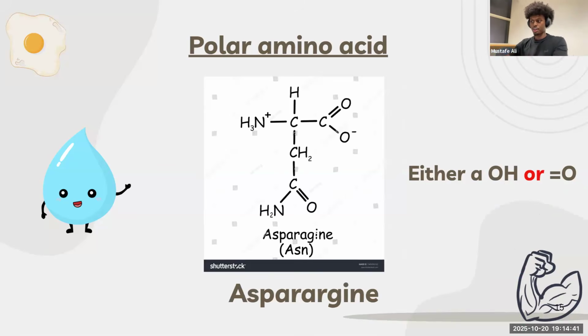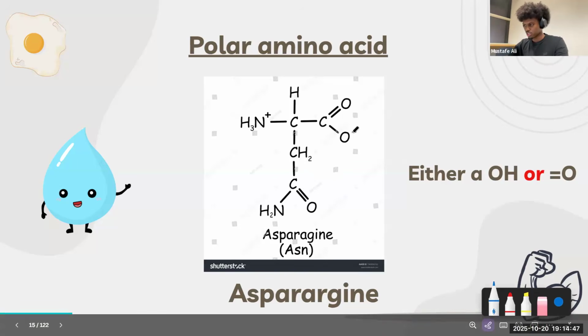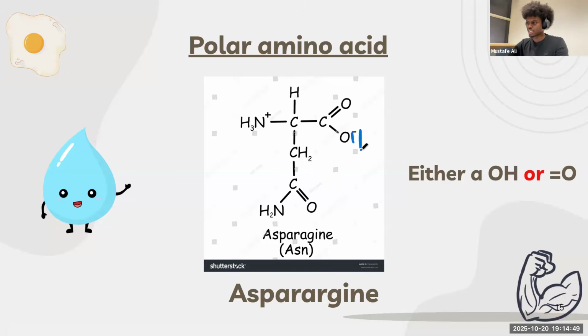Now, another example of a polar amino acid would be this right here, asparagine. The carboxyl group does look a bit weird, so just imagine this as H. Imagine this as NH2. So this is an amine group. This is the carboxyl group. This is a hydrogen. Now, let's look into the R group. In the R group, we can see that there is a double bonded O and there is an amine group.